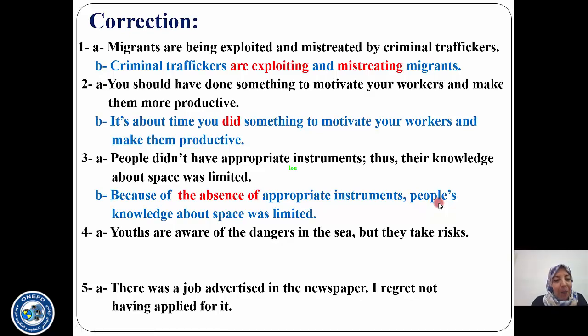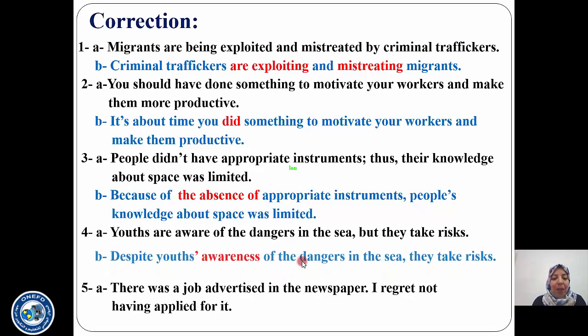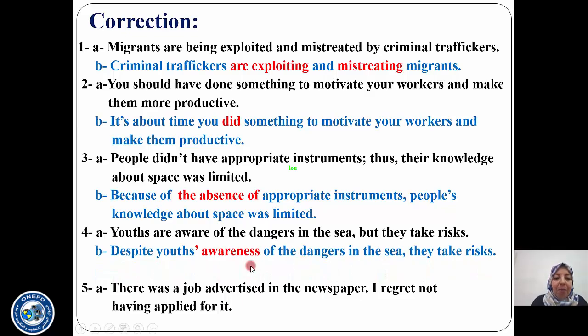Another sentence: youths are aware of the dangers in the sea, but they take risks. My sentence here expresses opposition with the but. You are asked to rewrite the sentence with despite. Despite expresses concession. Despite is a bit like because of. It should be followed by a noun phrase. So again, we need to make certain changes.